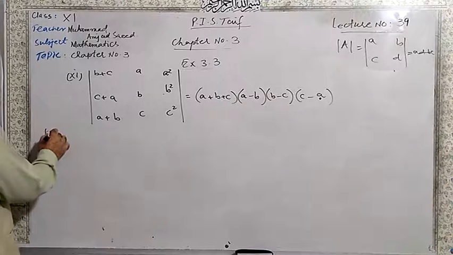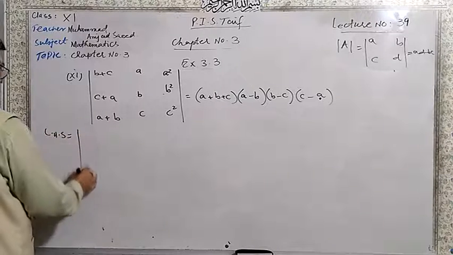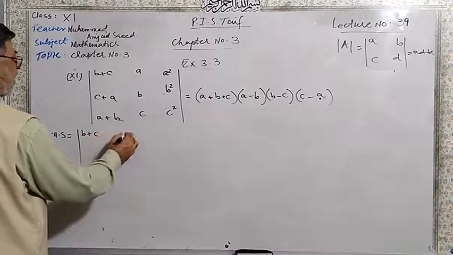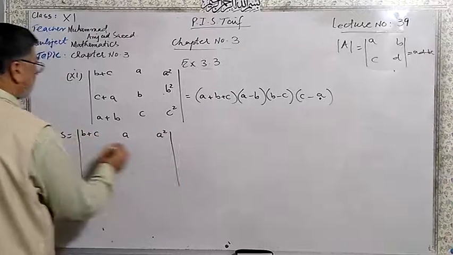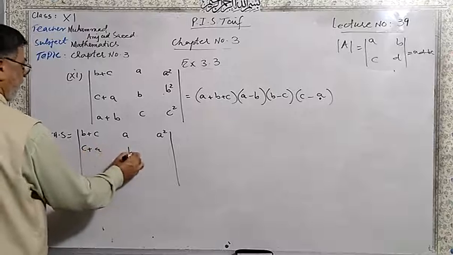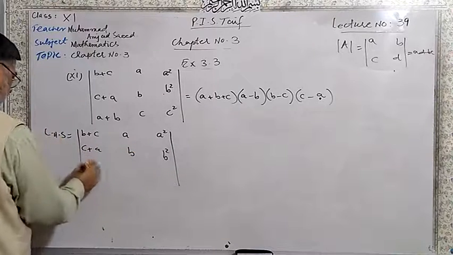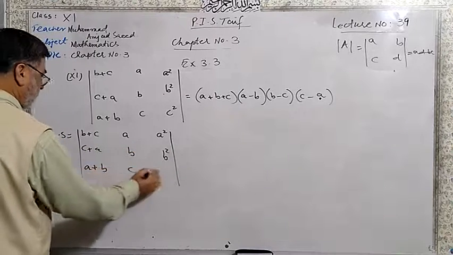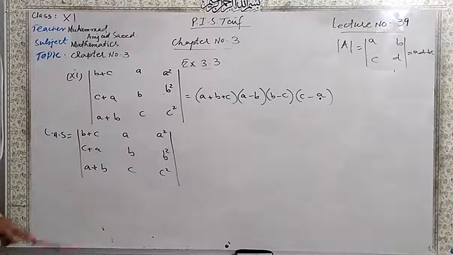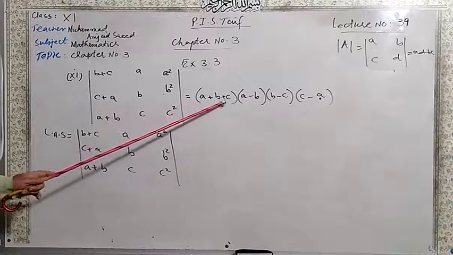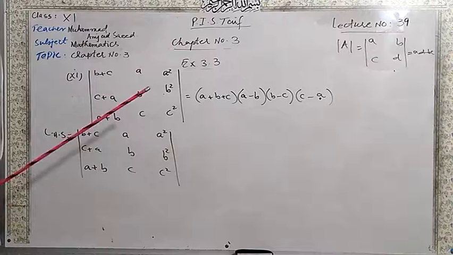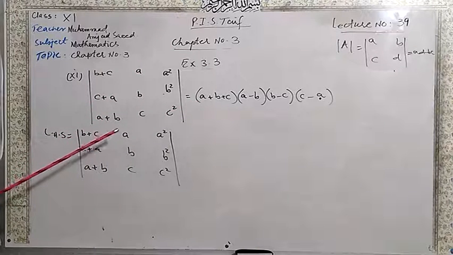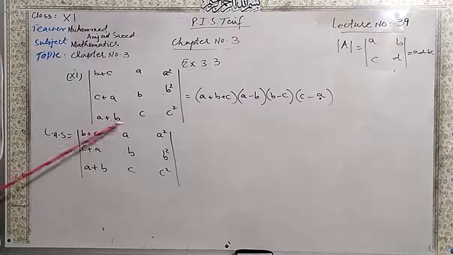Taking left hand side, B plus C, C plus A, A plus B; A, B, C; A square, B square, C square. Check the right hand side. This first bracket, A plus B plus C, can easily be found by adding C2 and C1.